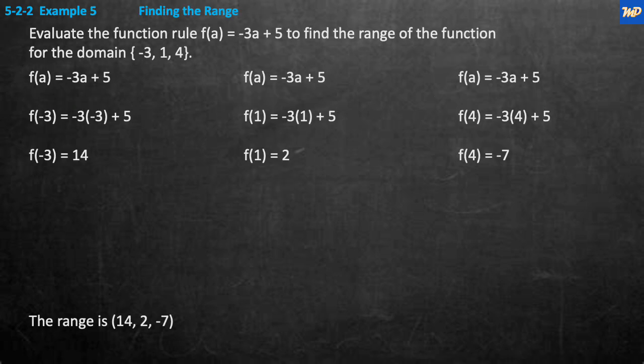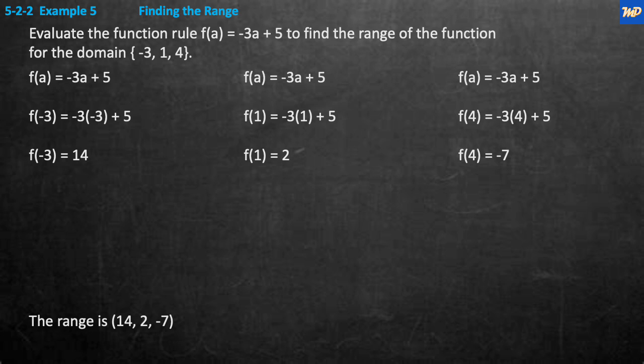Okay, example 5, finding the range. What we're going to do here is take a set of domain values, plug them into our function rule, and end up getting the range values as a set. So let's look at this.